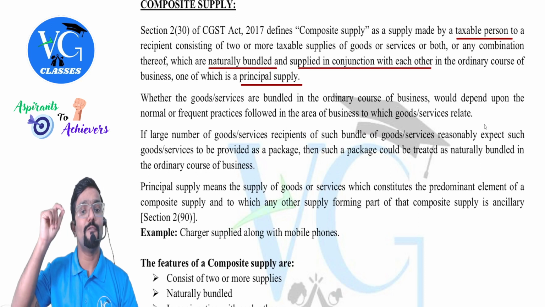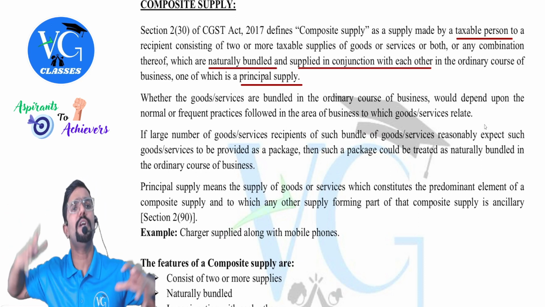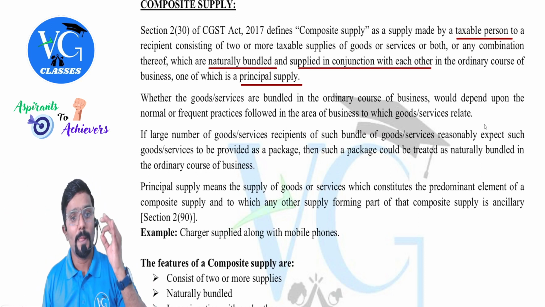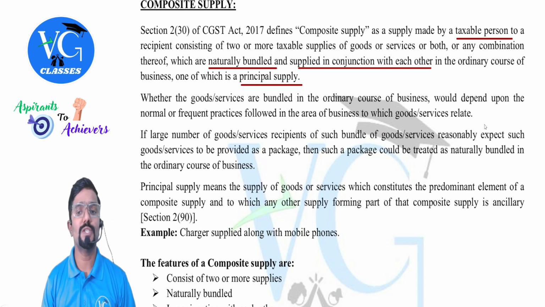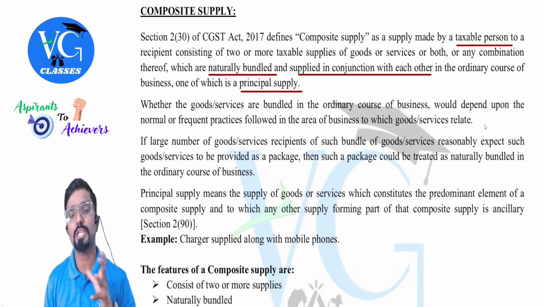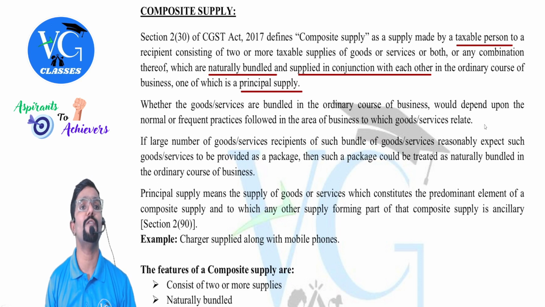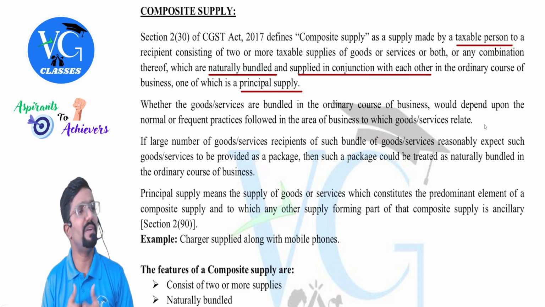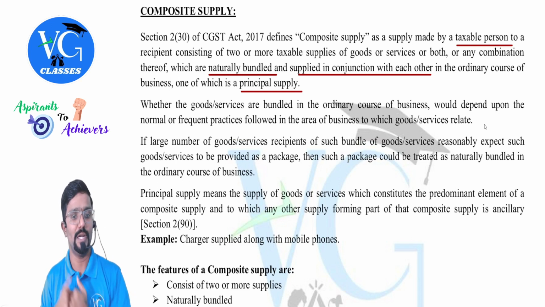If a large number of recipients, that is the majority of the buyers of such a bundle, reasonably expect such goods or services to be provided as a package, then such a package could be treated as naturally bundled in the ordinary course of business. So if the majority of customers want to buy it together, we treat it as naturally bundled, guys.